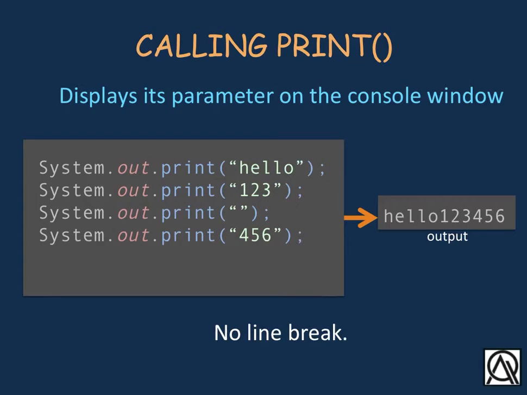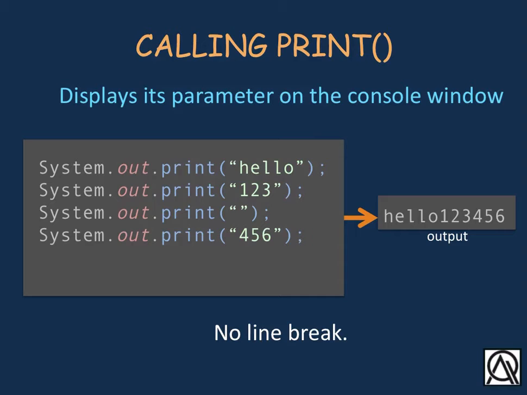Now let's have a look at print method. It works the same as println, but it doesn't end to a new line. It also displays the parameter on the console window. Let's use the similar example, but this time use print method. All the outputs will be printed in the same line.